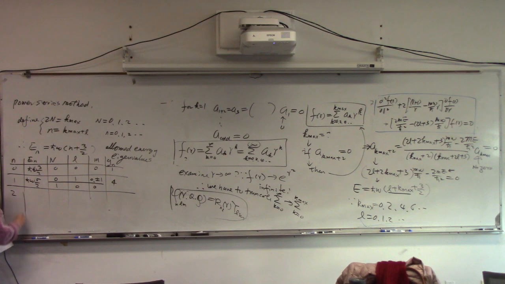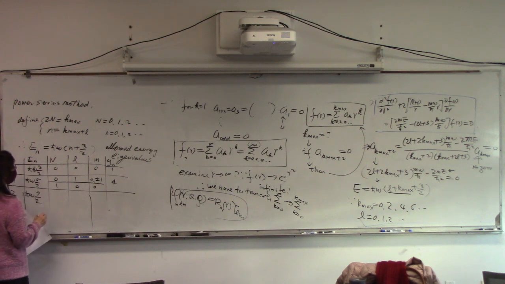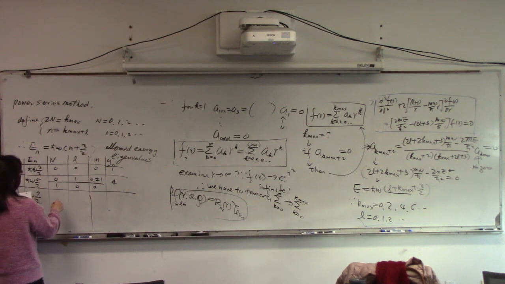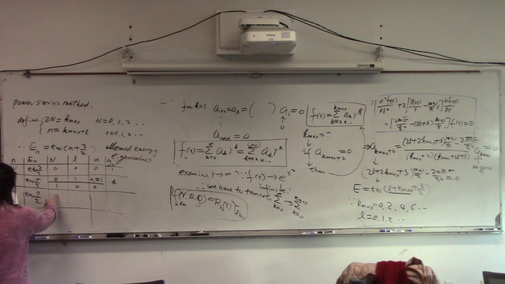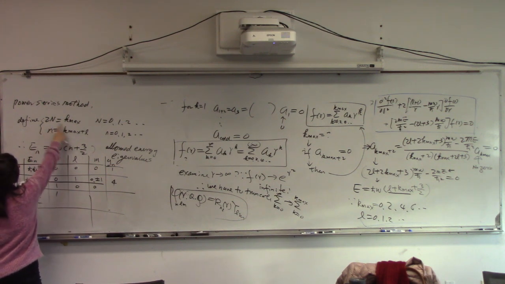So if this is 2 here, this is h bar omega 7/2. Then here, wait a moment. Sorry. Capital N, yes, capital N can be this one. So now L, n, if n takes 1, then L, n takes 1.